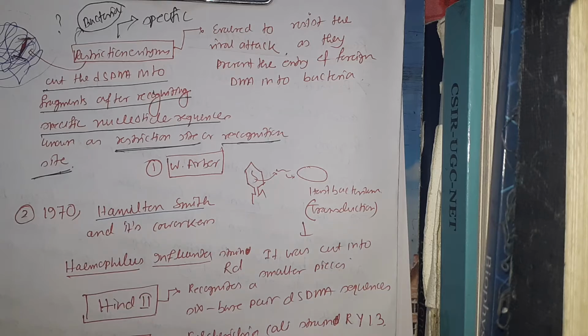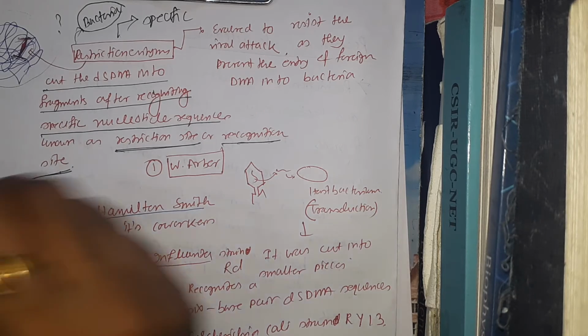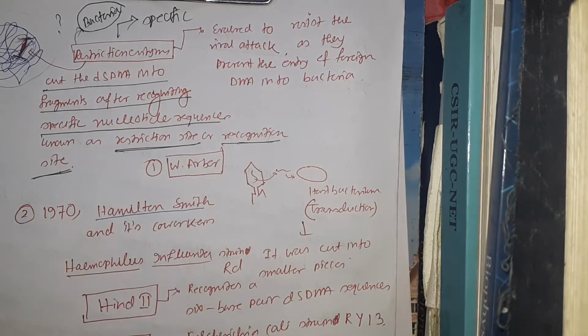It is thought to have evolved to resist viral attack, because we all know that bacteriophages have the ability to attack bacteria, which can be detrimental for them. So with the help of evolution, bacteria have evolved this kind of enzyme that can resist the entry of viral DNA into the bacteria.